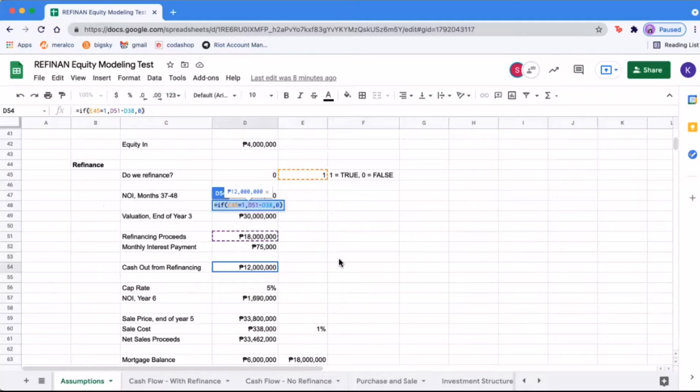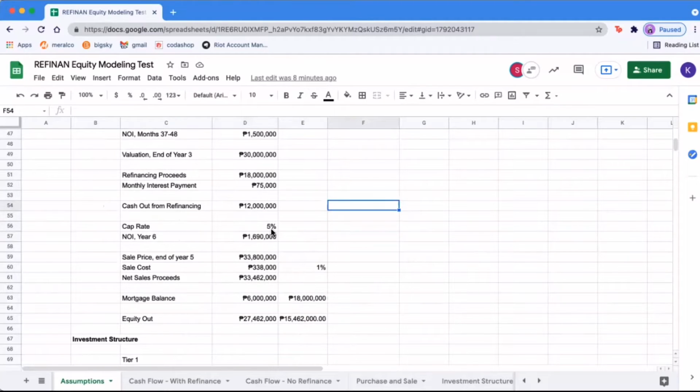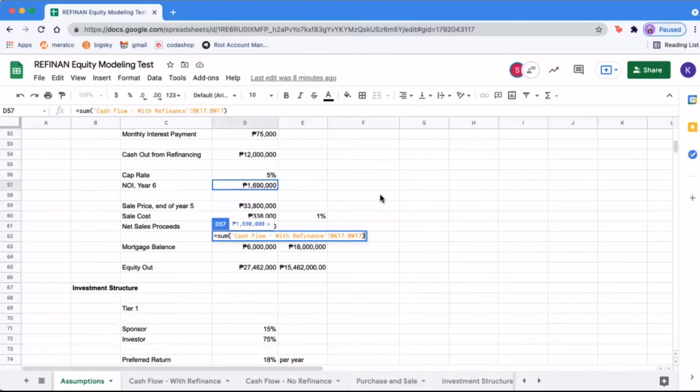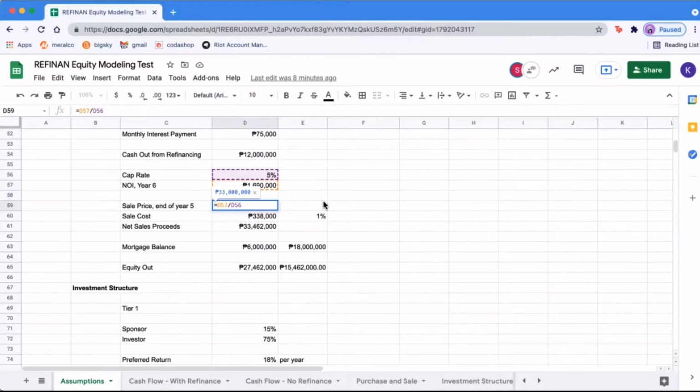And then next, NOI year 6 is basically the sum of the net operating income from months 60 to 71. Sales price of year 5 is the NOI year 6 multiplied by the cap rate of 5%. Sales cost, it is the sales price in year 5 multiplied by 1%.